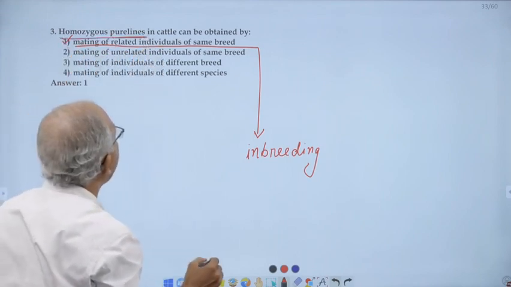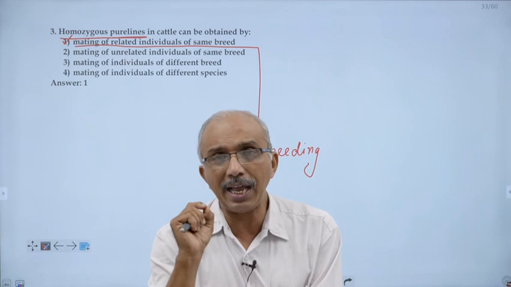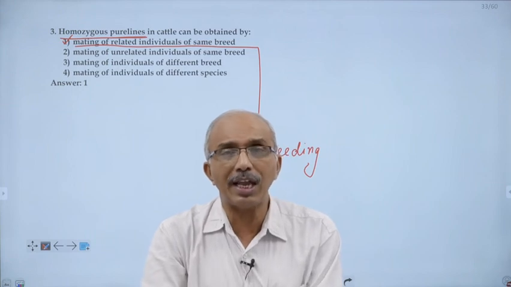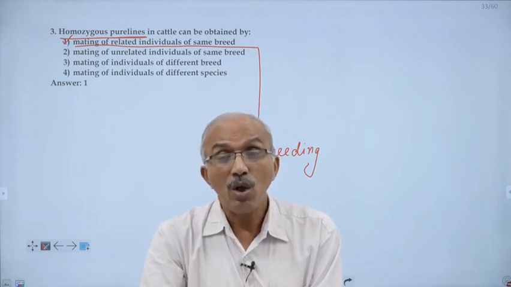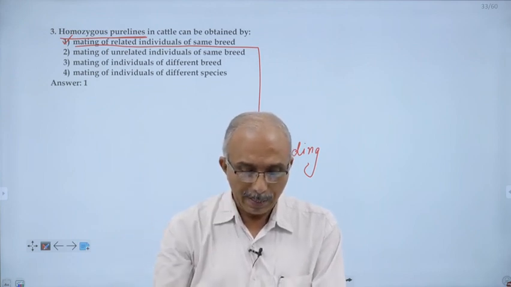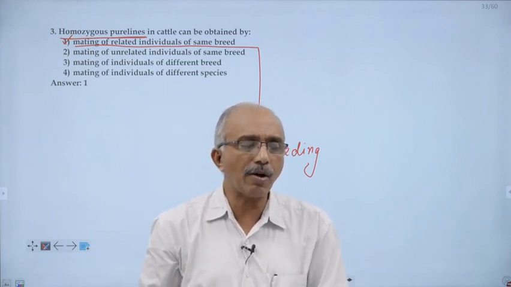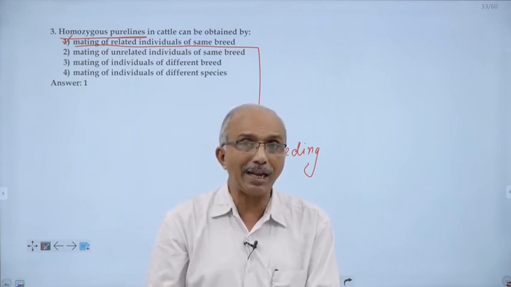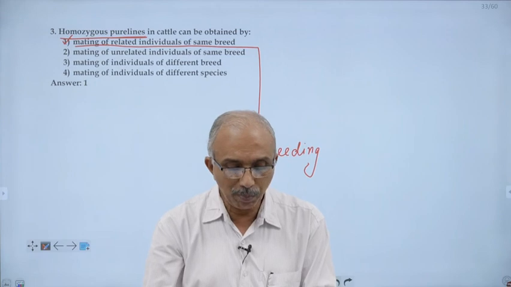One of the advantages of inbreeding is that inbreeding increases the homozygosity. Since inbreeding increases the homozygosity, it is used to develop pure lines. What are pure lines? Homozygous individuals are referred to by the term pure lines.